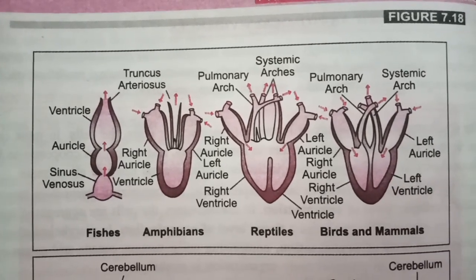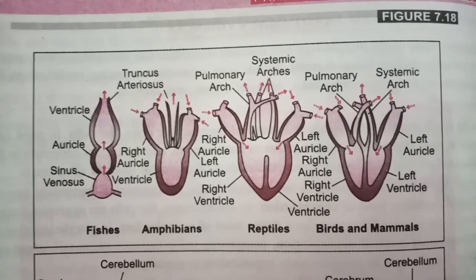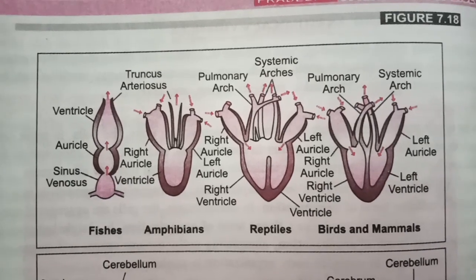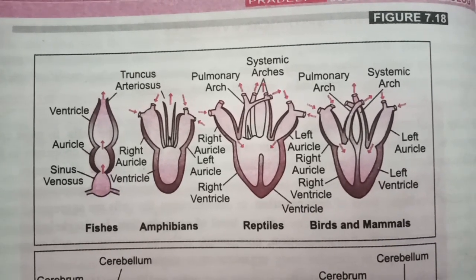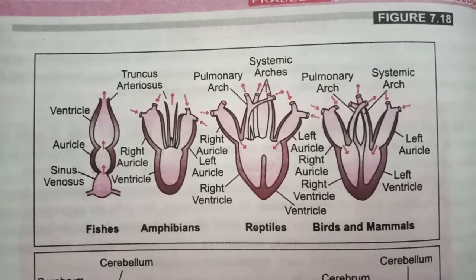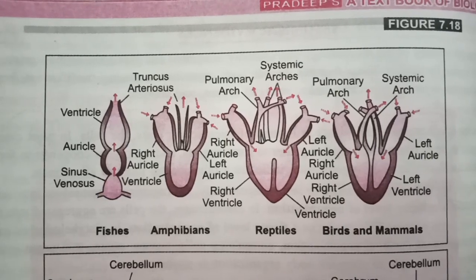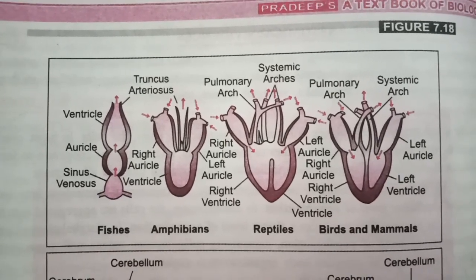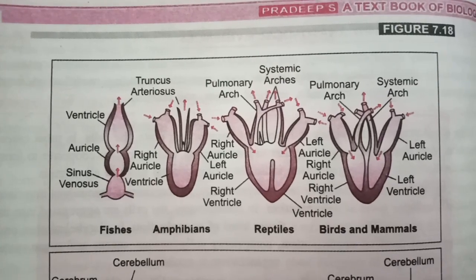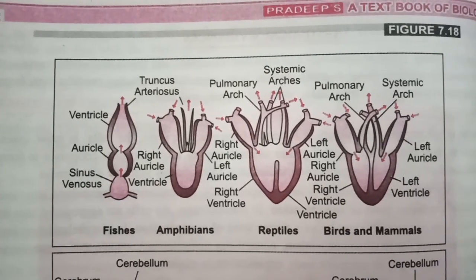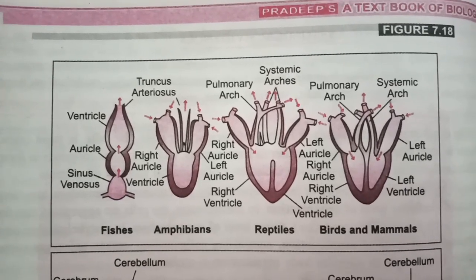Amphibians and reptiles follow mixed blood circulation, meaning oxygenated and deoxygenated blood is mixed and circulated. In birds and mammals, a proper partition is present in the two ventricles, which is incomplete in reptiles and amphibians.